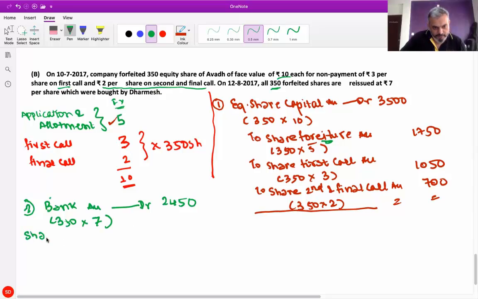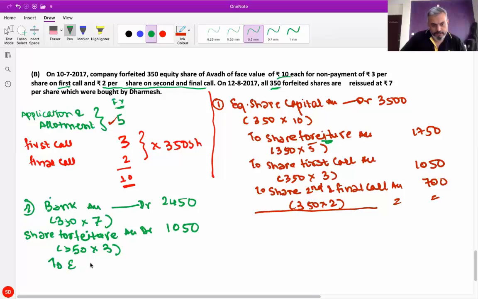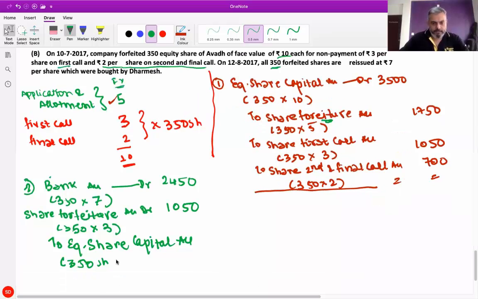So share forfeiture account debit, 350 into 3, 1,050, and to equity share capital account, 350 shares into 10, 3,500.